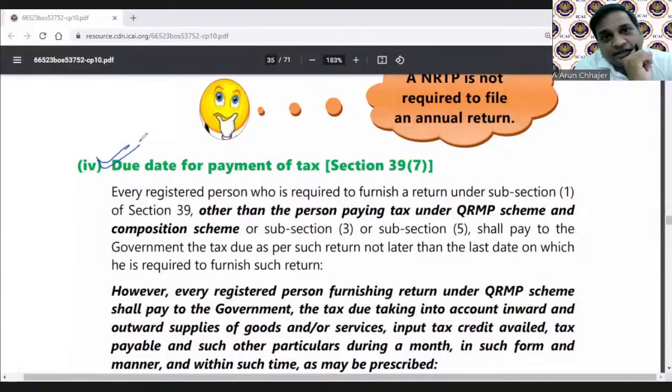If I am a monthly taxpayer, that is the 20th. The same date applies for the tax also, meaning it is linked to the filing due date of the GSTR 3B. First, I am talking about monthly. In case of quarterly, the due date for month 1 is the 25th and for month 2 is the 25th, but for month 3, again it is linked to the GSTR 3B due date, that is the 22nd or 24th.